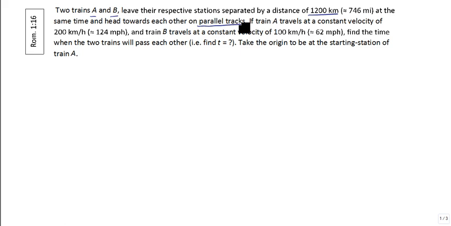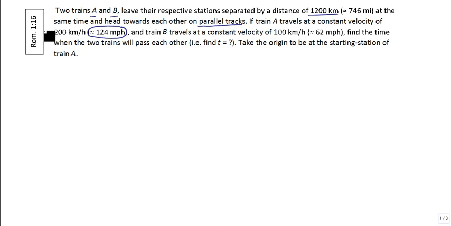We are told that train A is going at a constant velocity of 200 kilometers per hour. Here I'm providing some US customary units just in case you don't really have a feel for what a kilometer per hour is. So it's moving along pretty fast at over 120 miles per hour.